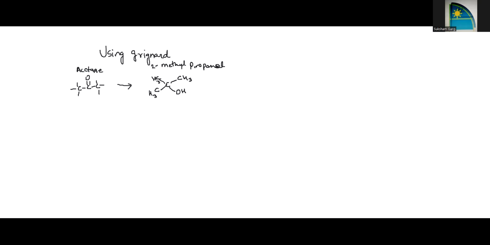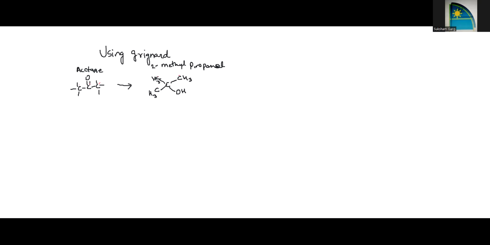Now supposedly somebody asks me to convert acetone to methylpropanol. The trouble is that the starting material contains 1, 2, 3 carbons and the final product contains 1, 2, 3 and 4 carbons.